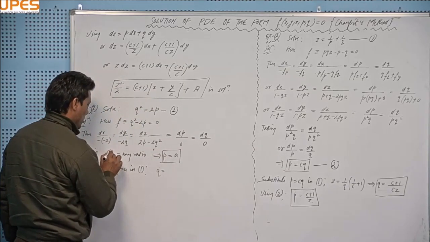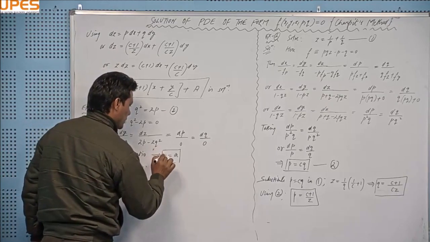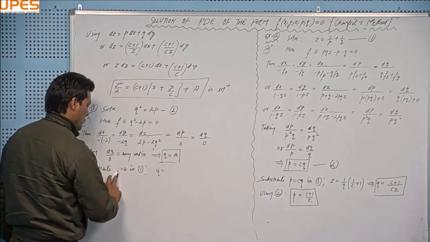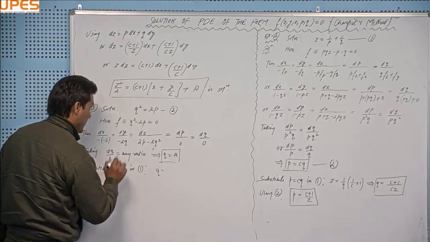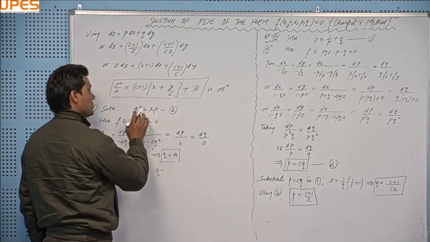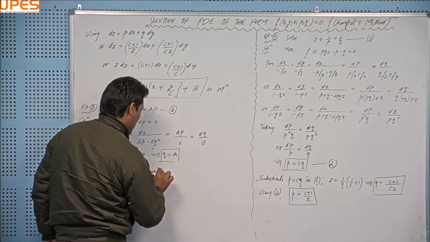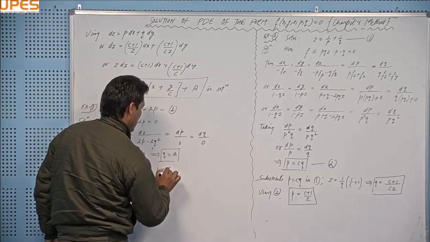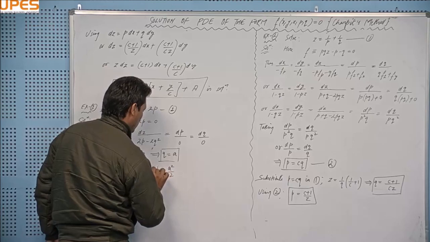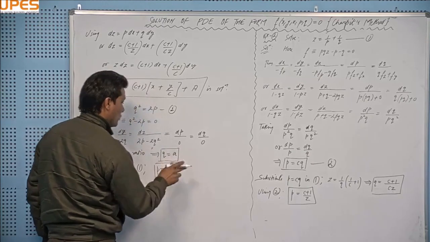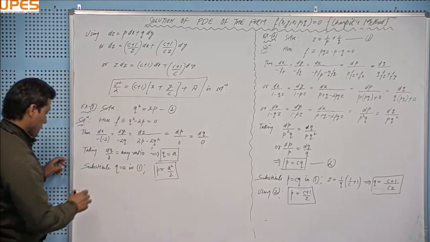Then I will get rid of that square root, right? q is equal to a, then putting q is equal to a here, I will be getting 2p is equal to a square, and then p is equal to how much? a square over 2, right? This is what I need. I don't want a square root.